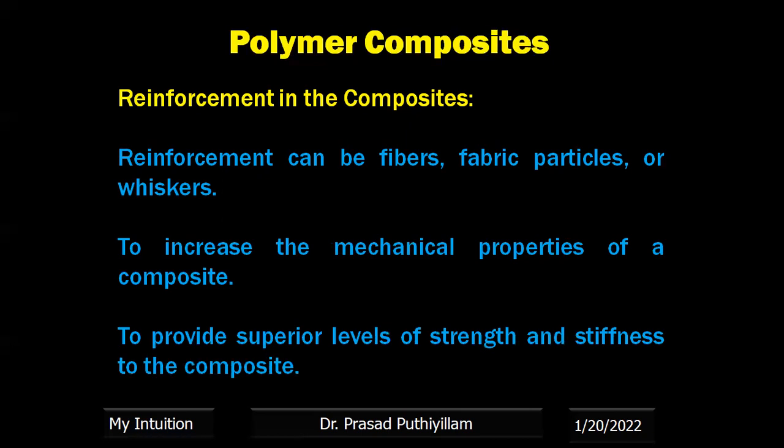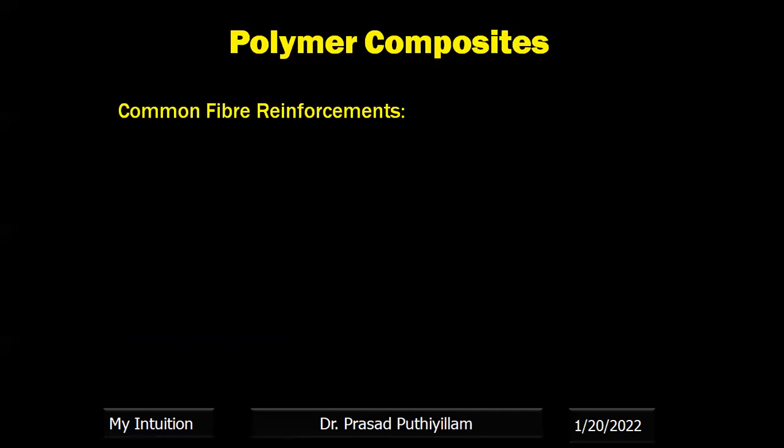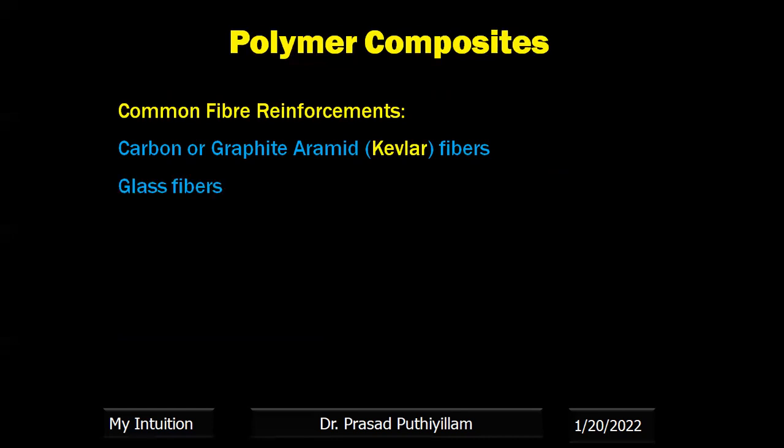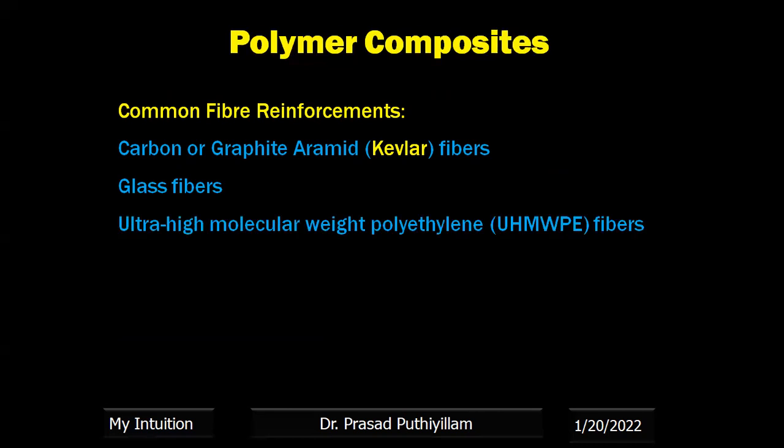It provides superior levels of strength and stiffness to the composite. The common fiber reinforcements used are carbon or graphite, and aramid fiber, which we call Kevlar. Kevlar I'll explain in detail, that's why I kept it highlighted. Then glass fibers are also used, made from normal ordinary glass in the form of fibers.